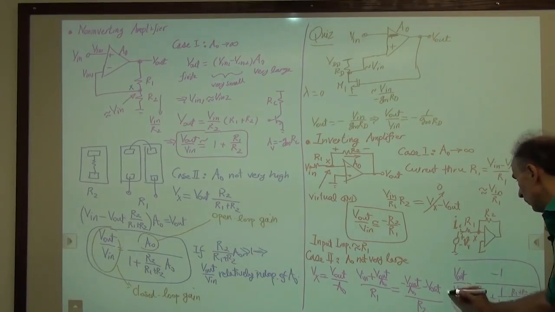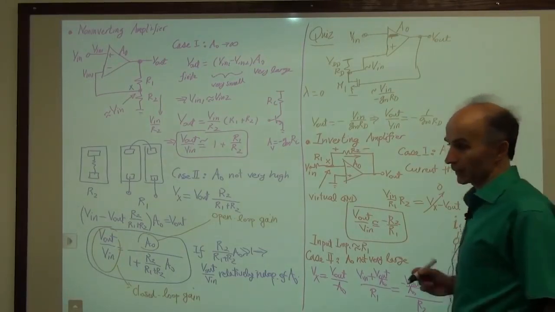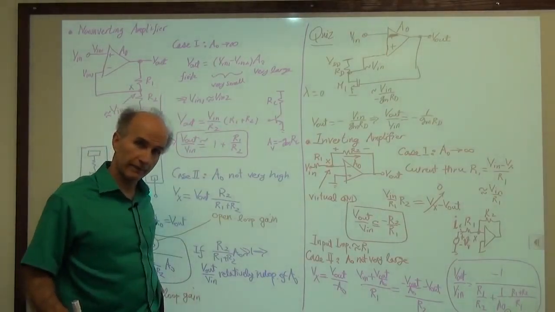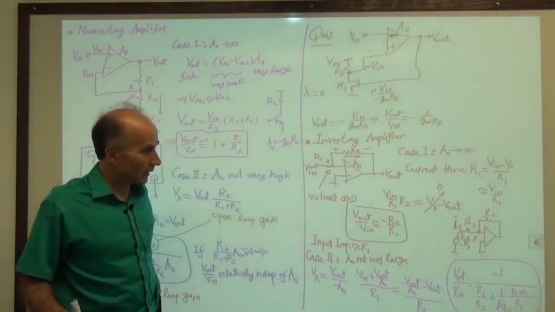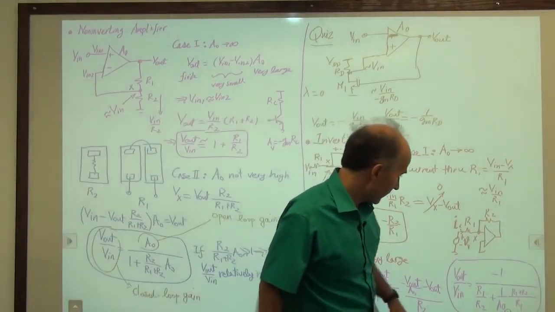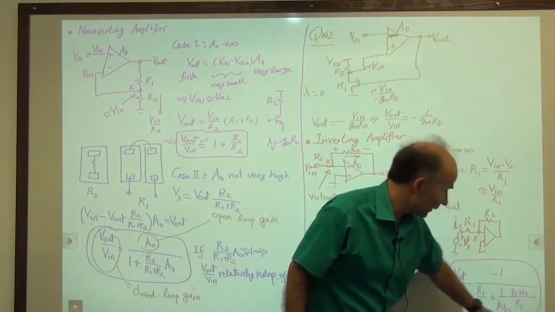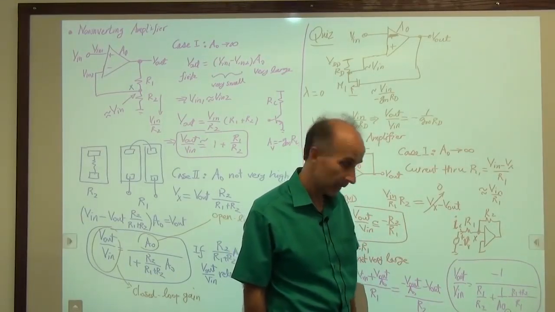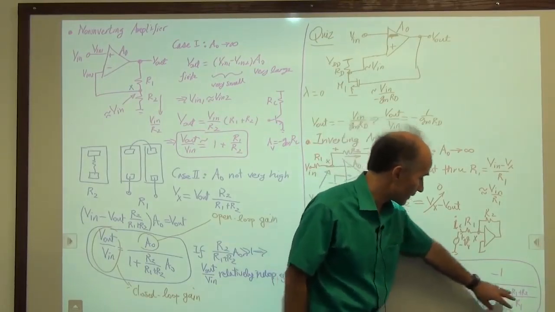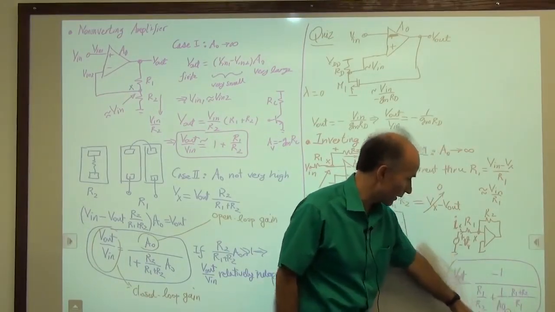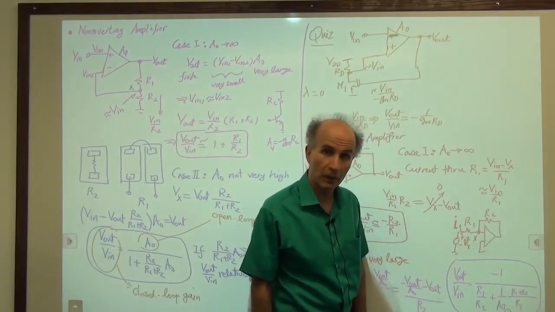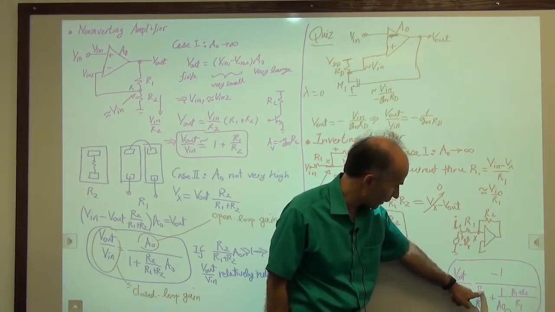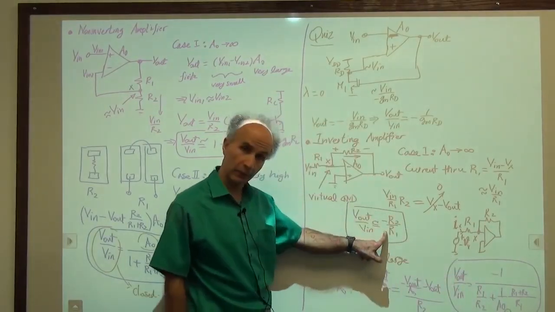This is the overall voltage gain of the circuit if the gain of the op-amp is not infinite, is not very large. So again, we can see what's going on. We can see that if the second term in the denominator is much smaller than the first term, meaning if A0 is very large, then the equation reduces to R2 over R1 with a negative sign, and that's what we had before.